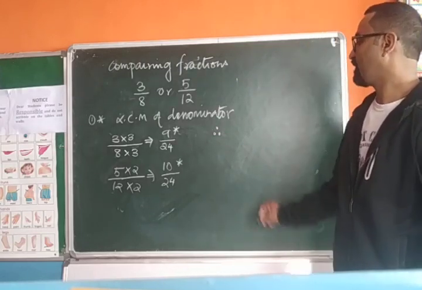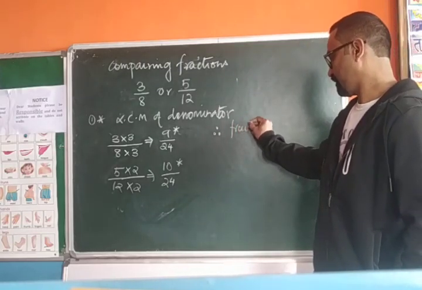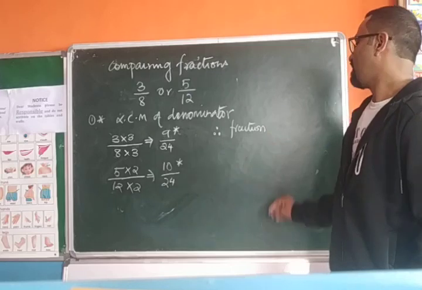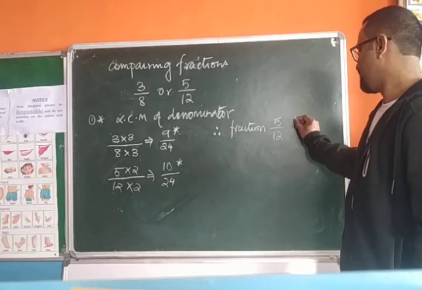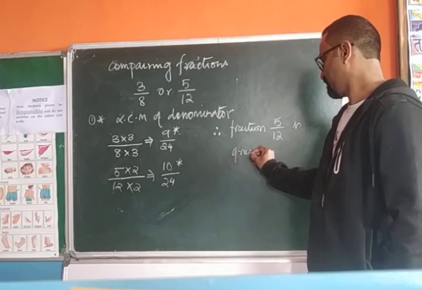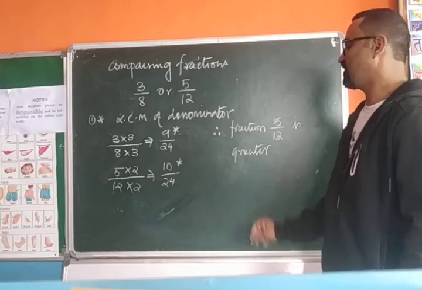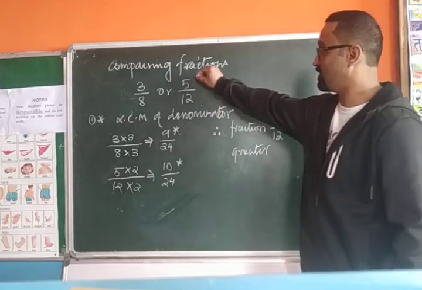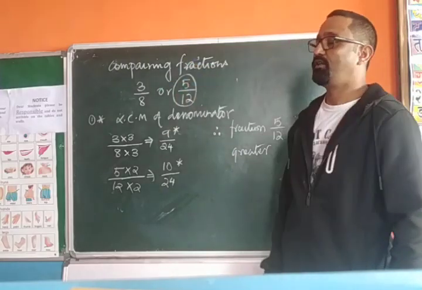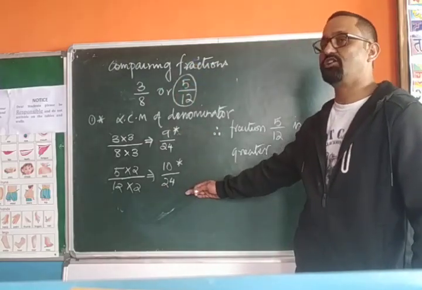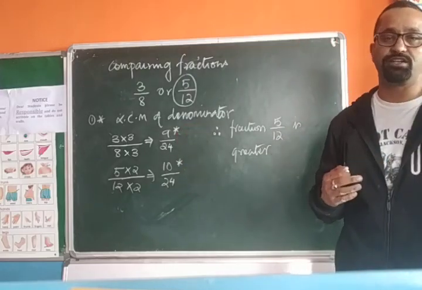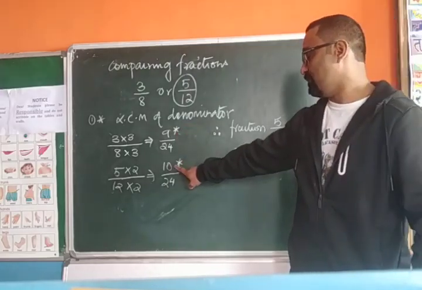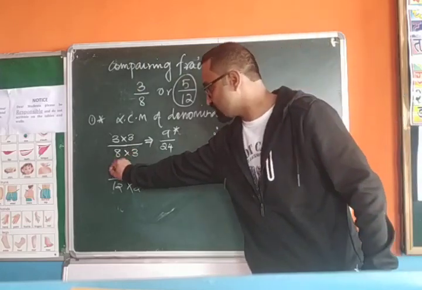Therefore, fraction 5 by 12 is greater. You need to write the original fraction. First you do the calculation, then compare the numerators and check which one is greater. 10 is greater, so what is the fraction?